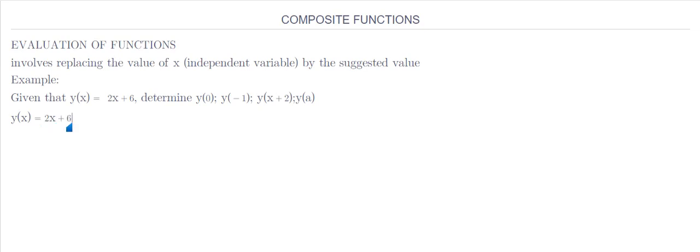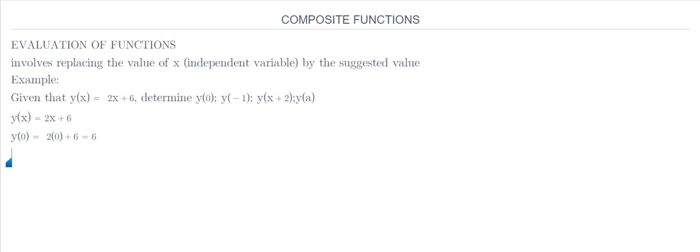Now in case you want to get y of 0, then basically what you are going to do here is take 2 and then instead of x put 0 and then add the constant that we already have there, 6. And this is going to be giving you 2 into 0 is 0, so plus 6, that gives you 6.